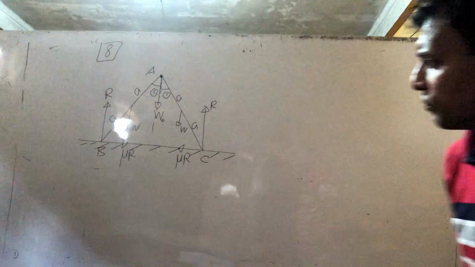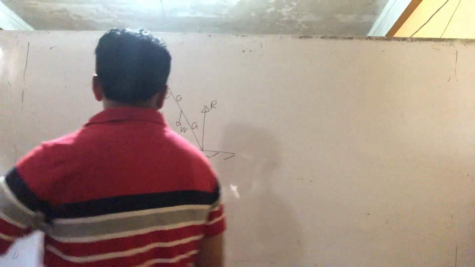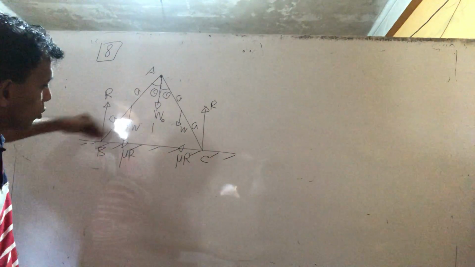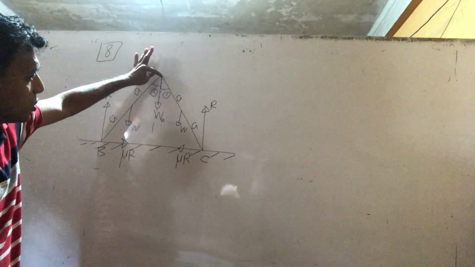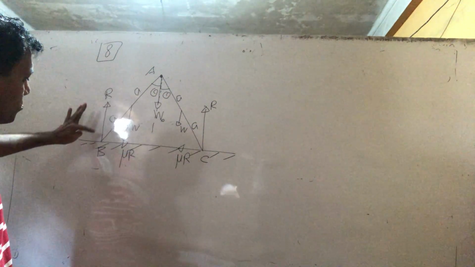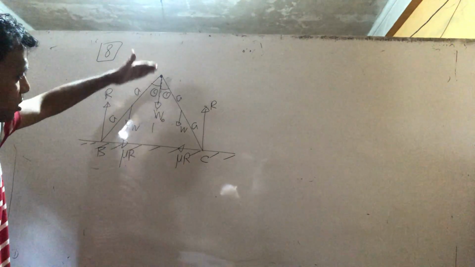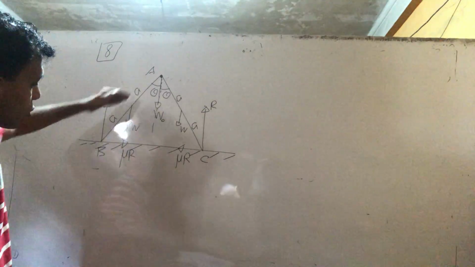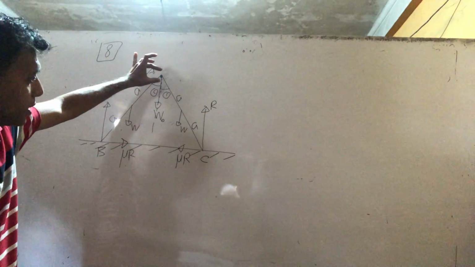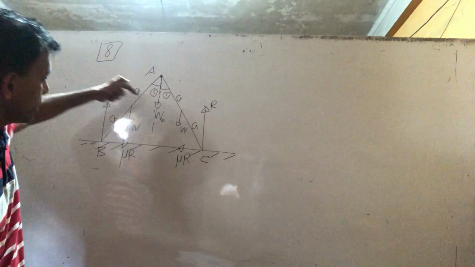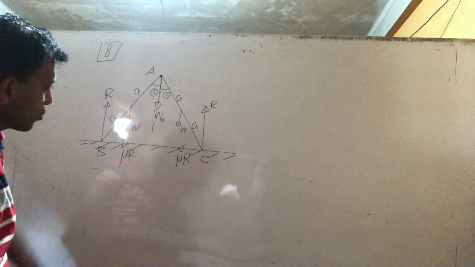Very first we can find R. If you take one rod AB, take moments for rod AB, here also some forces act, W naught, B, everything available. For rod AB take moments about A, then you have R, mu R, W, and you can find the R value also.